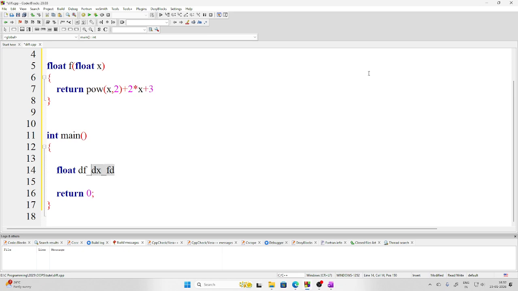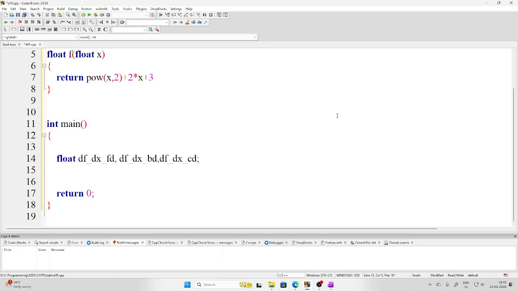I will be copying this, and this will also give you a glimpse of how order of accuracy works. Backward difference, and then the central difference. Now once this is known to you, we have to find out the forward difference, the backward difference, and the central difference.